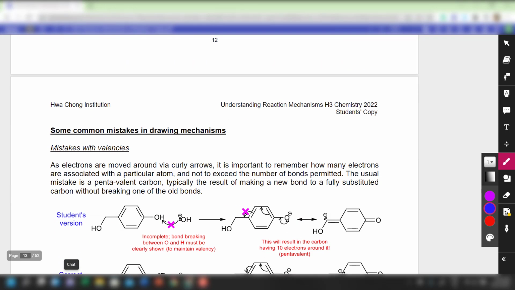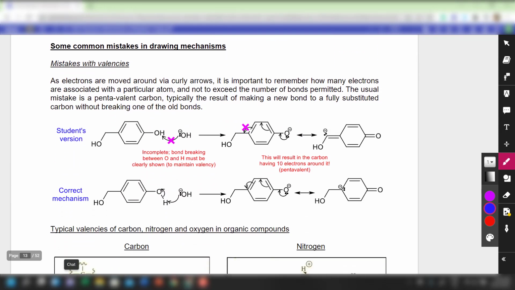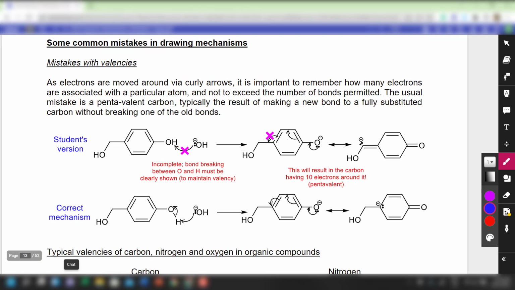Then from page 13 onwards, we showcase to you some of the mistakes which students are likely to make. For example, it seems that there is nothing wrong with this, but what is wrong is that the breaking of the OH bond is not being shown. This is quite a common mistake which students will make.